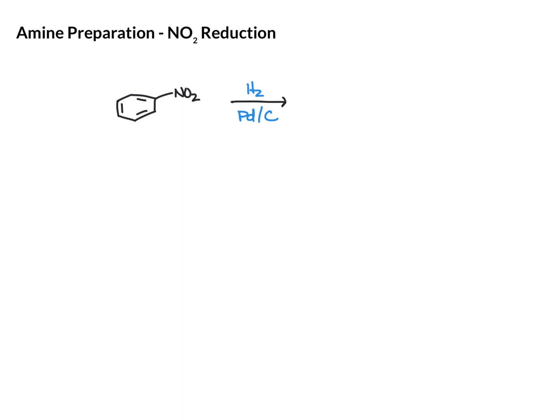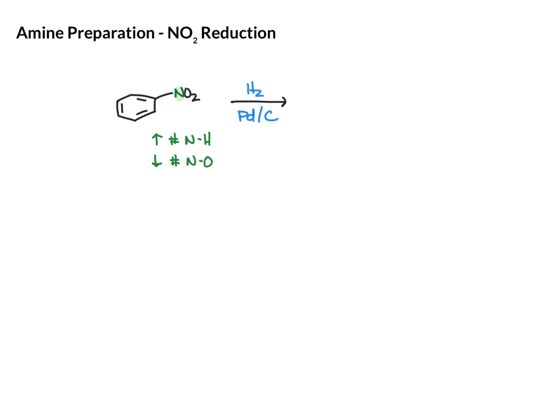Well, in this case, we're using the same reagent to reduce the nitro group. And effectively what we're going to be doing here is adding hydrogen to the nitrogen and losing oxygen from the nitrogen. So at that nitrogen, we're increasing the NH bond count, and we're decreasing the NO bond count.